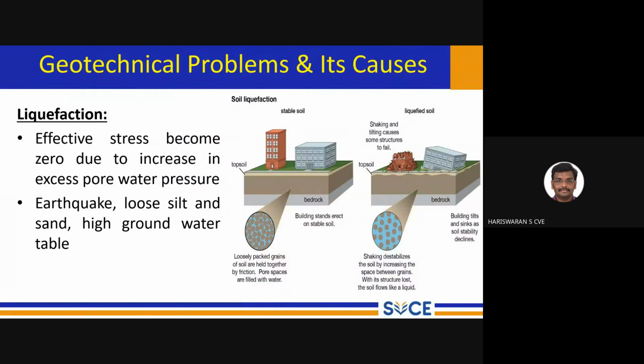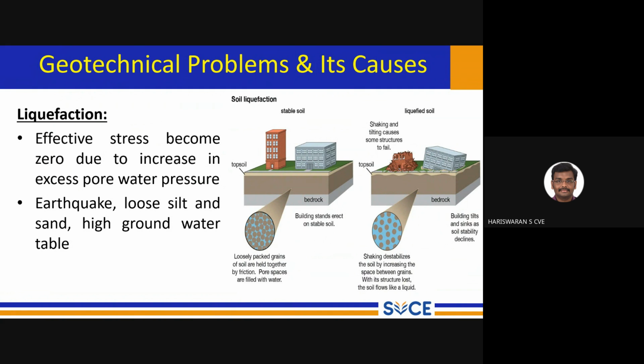Whenever there is water inside the soil, due to the earthquake the water table tries to move upward. Because of the movement, the water keeps traveling along the pores of the soil, and ultimately the pore pressure increases. Effective stress reduces. Effective stress is nothing but a contact stress, the stress taken by soil.